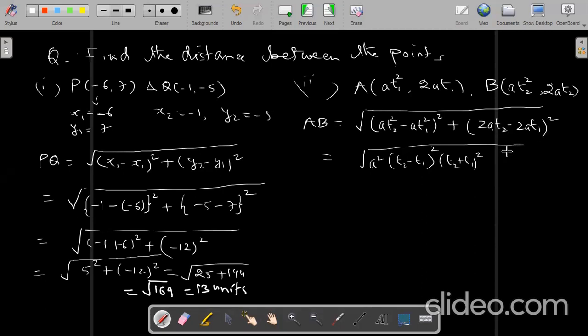And similarly here, 2a, when you take common, this will become 4a square, and this will remain as t2 minus t1 whole square. Now you can take out common a square and t2 minus t1 whole square.